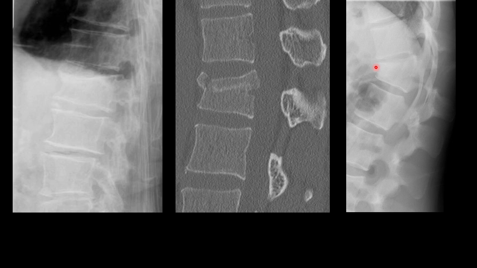These are three different types of spinal fractures. The first one is a wedge compression fracture. These most commonly affect the anterior aspect of the vertebral body, and they're considered single column and stable fractures.